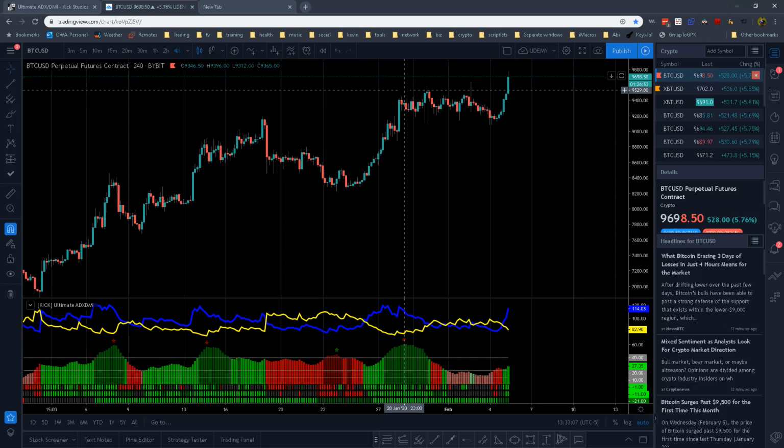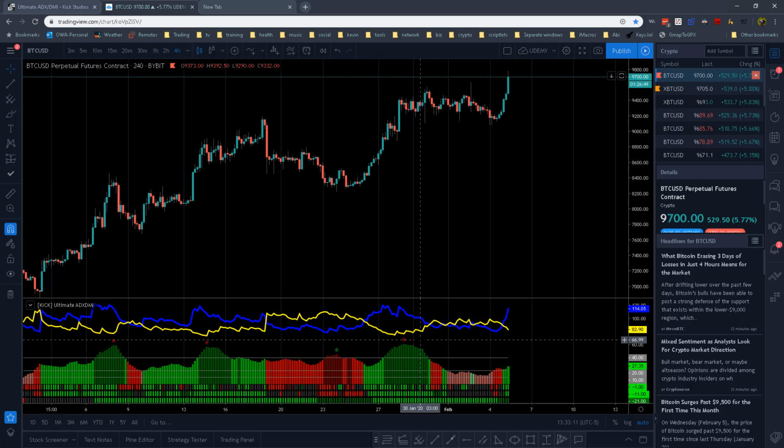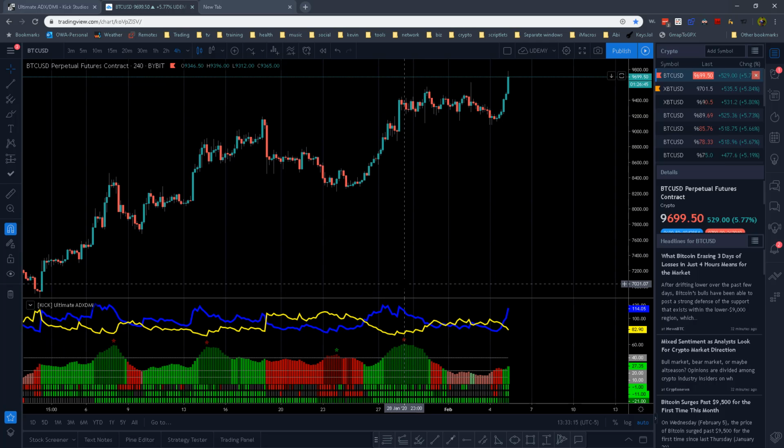But the way that I usually use this is I look for this asterisk that marks the peak of this. Now, of course, anytime that you're looking for a peak in anything, in this case, we're looking for the peak of the ADX, we can't actually paint that until we confirm that that is indeed a peak.